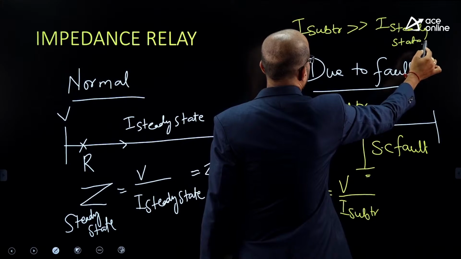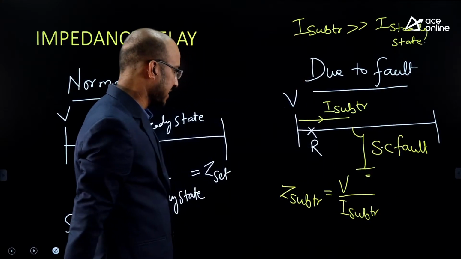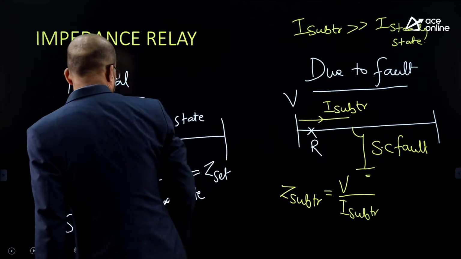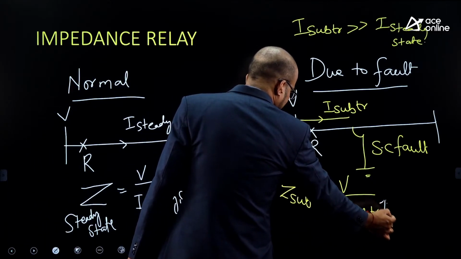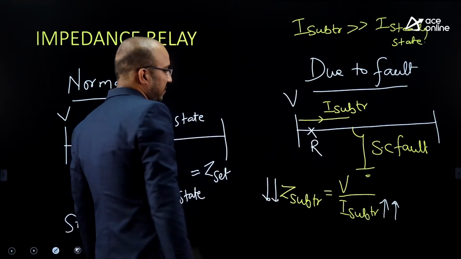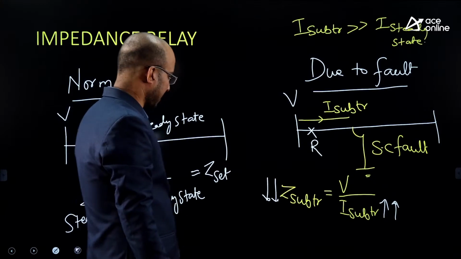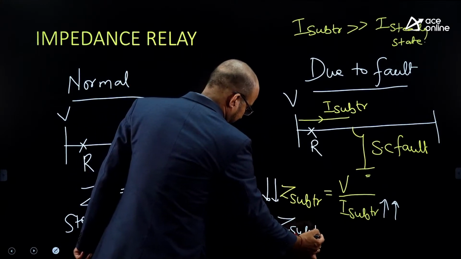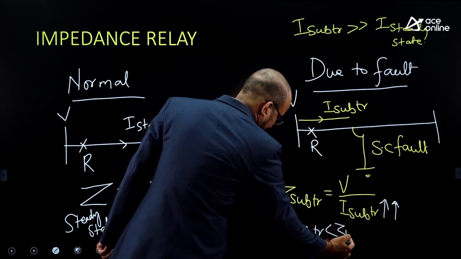When compared to steady state current, the subtransient current is very high. So as the subtransient current is very high, the subtransient impedance will be less than the set impedance, okay. So subtransient impedance will be less than the set impedance.